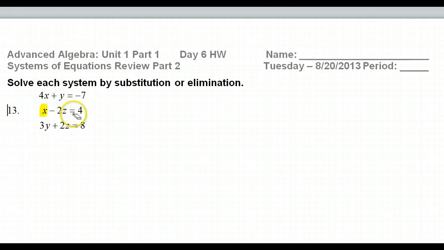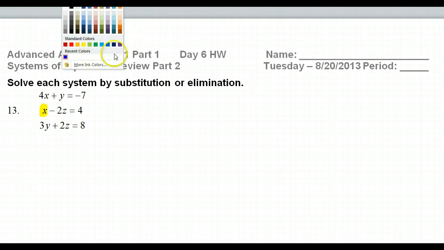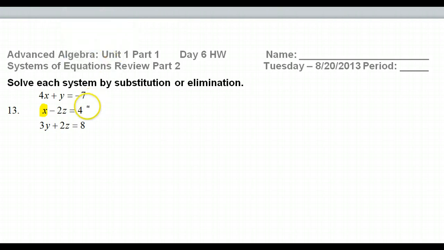Specifically, I think I will go ahead and get x by itself. This will be the one that I start with. I'm going to let that be a purple equation. Starting with this equation, I've got x minus 2z is equal to 4. So I'm going to do this one by the substitution method.